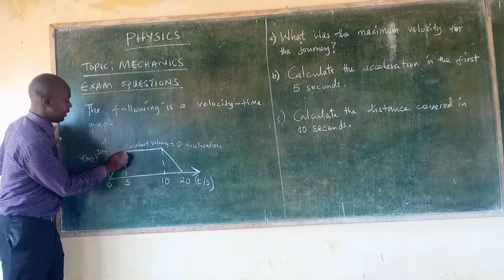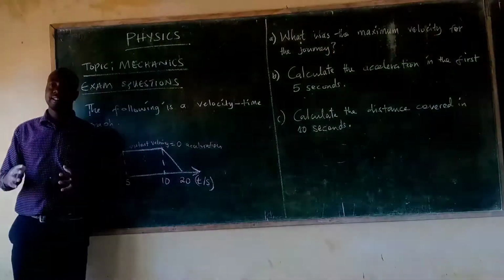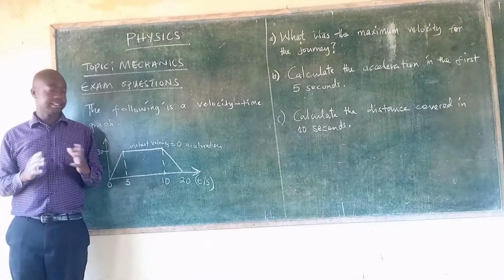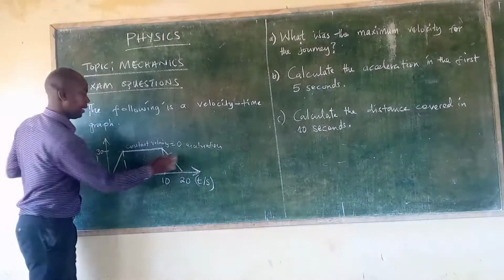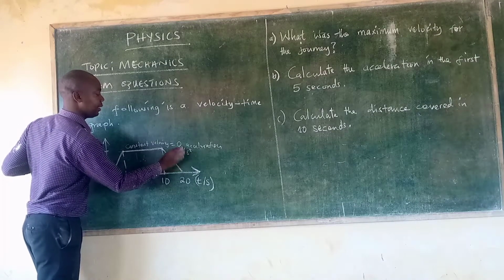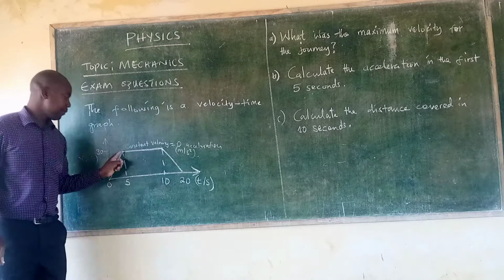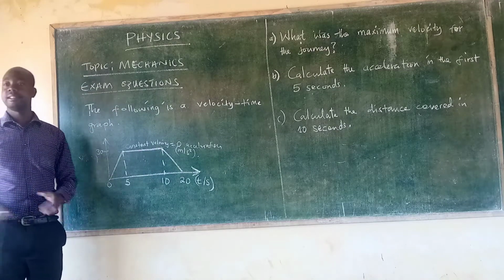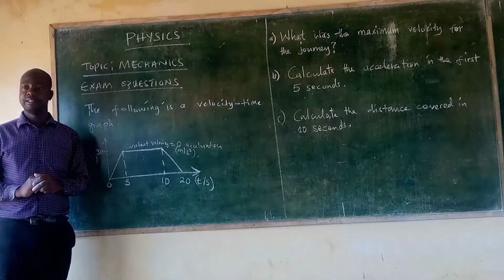So if the velocity is not changing, then this object is not accelerating. So there, the acceleration is 0 meters per second squared.